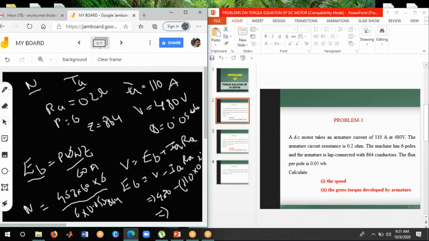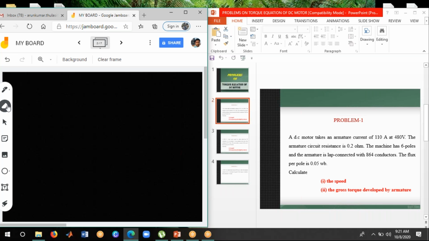Okay, let me tell you again. Put the values carefully. Here EB is 458, right? So this is the right answer, 636. The answer for speed is N equals 636 rpm. This is the right answer.